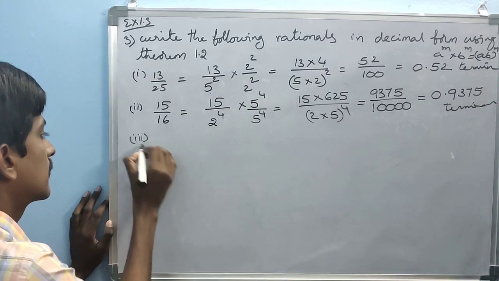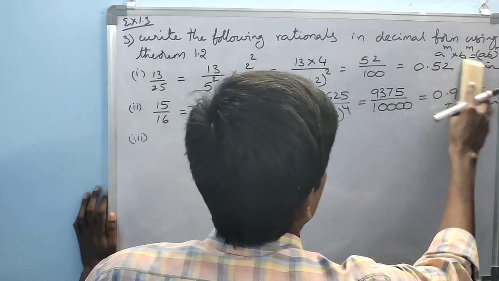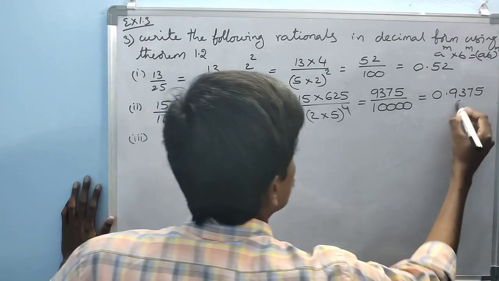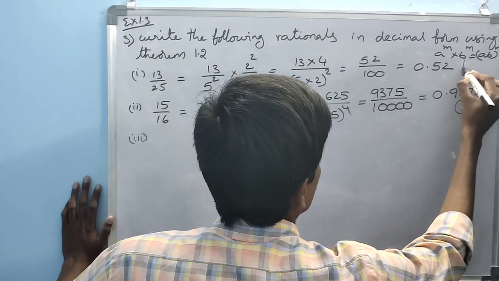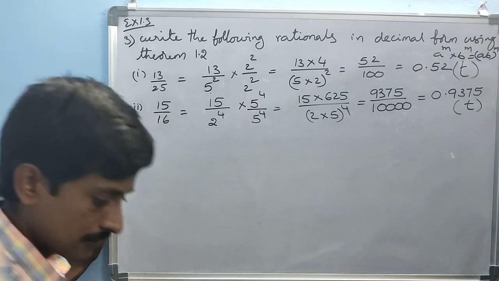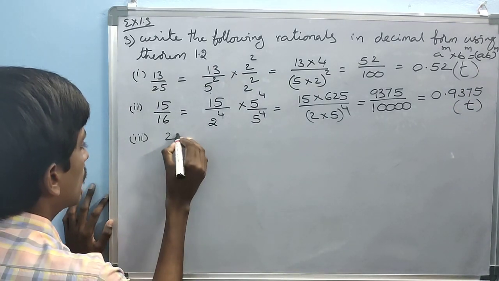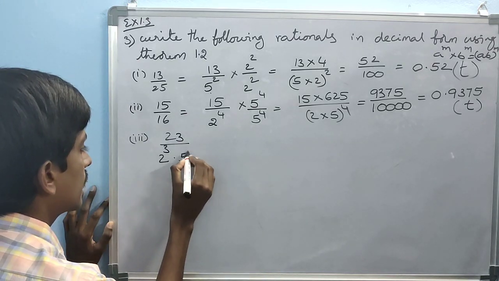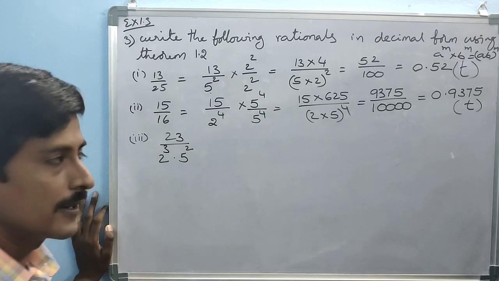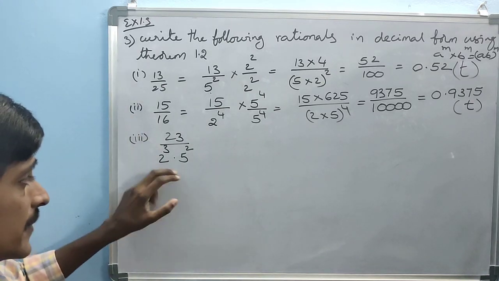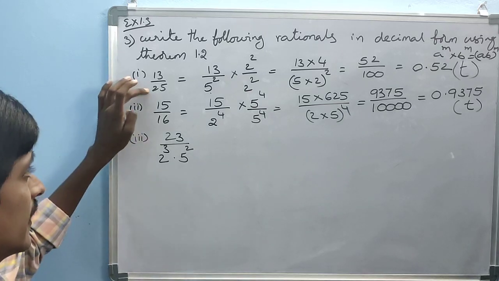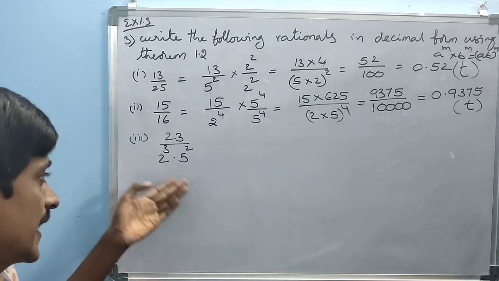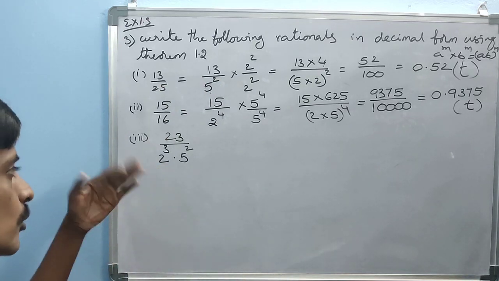What is the third one? Next, third one: 23 by 2 cube into 5 square. Here the denominator is given as 2 power m into 5 power n, something like this. If some other number is given, we can change it to 2 power m or 5 power n form, but here it is given already as 2 cube into 5 square.